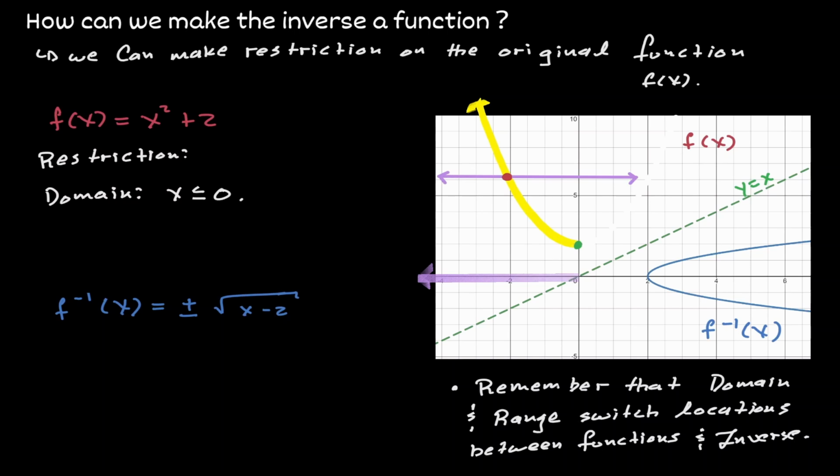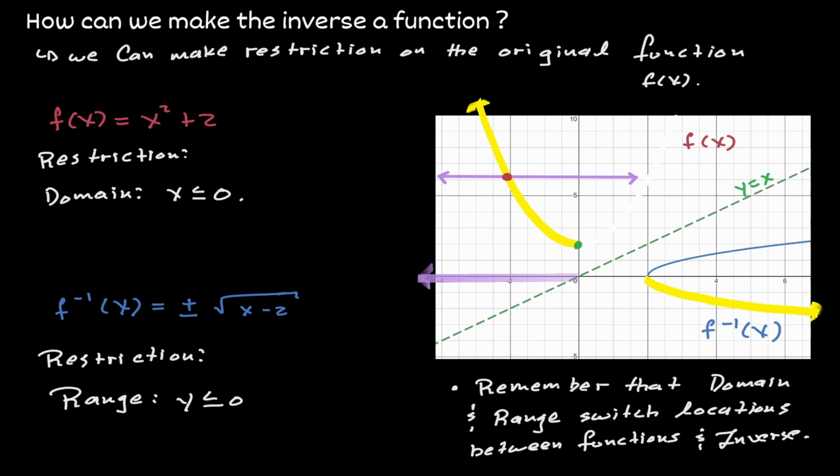But how does that affect the inverse function? Well, remembering that the domain and the range switch locations, if the original function had a restriction on the domain, then that same restriction will be on the range of the inverse. So we will only consider those locations where the y value is less than 0, which we have here.